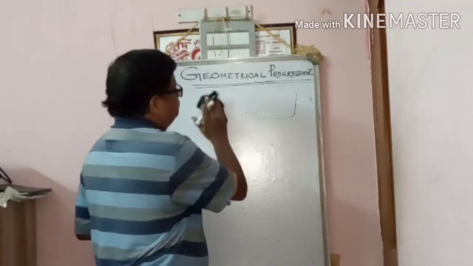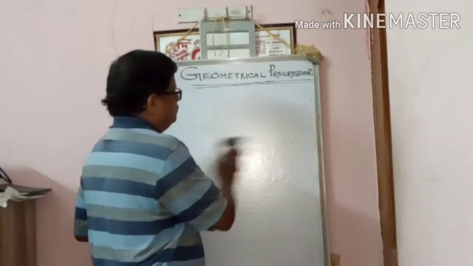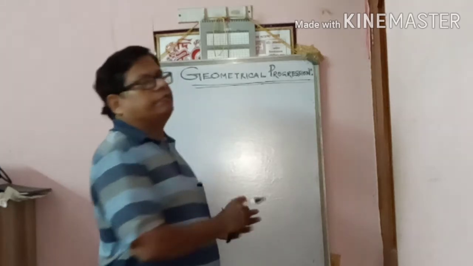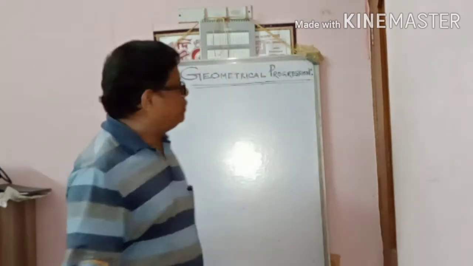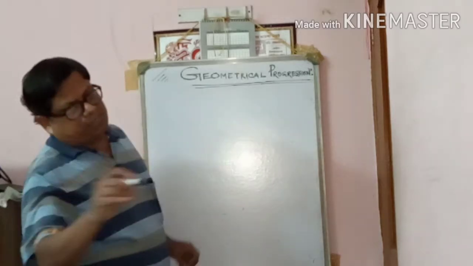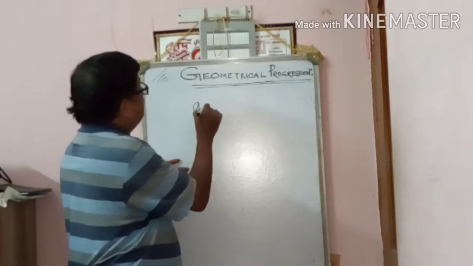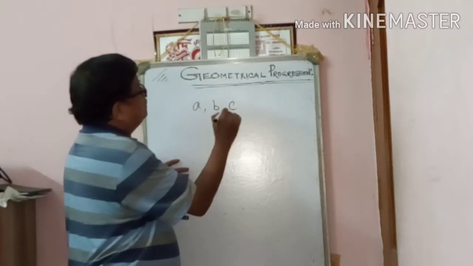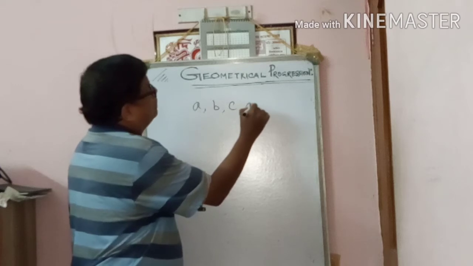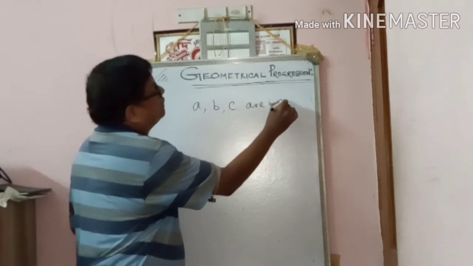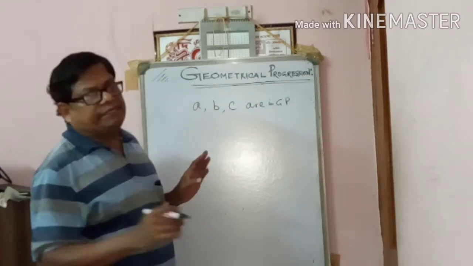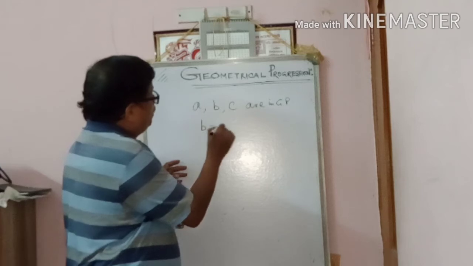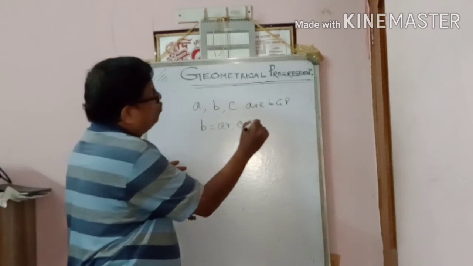Now, sum of n terms in GP, okay? So here suppose A, B, C are given in GP. We can write B equal to AR, C equal to AR square.